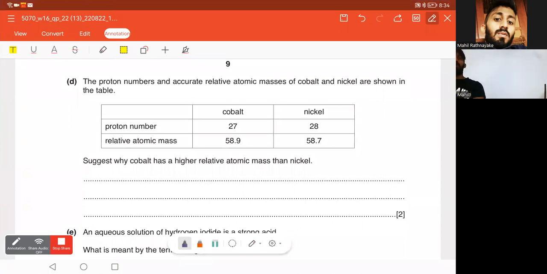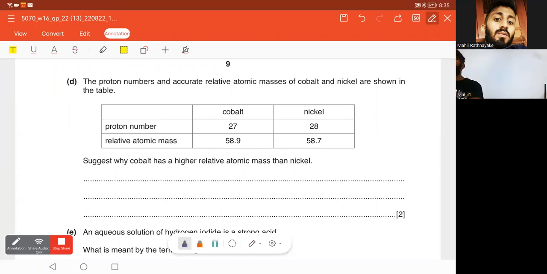Okay, Lamai, tell me, atomic mass depends on proton and neutron. Electron mass is very small. Therefore, proton number is greater, but they said relative atomic mass is low in nickel. Why? You can tell it contains a different number of neutrons.